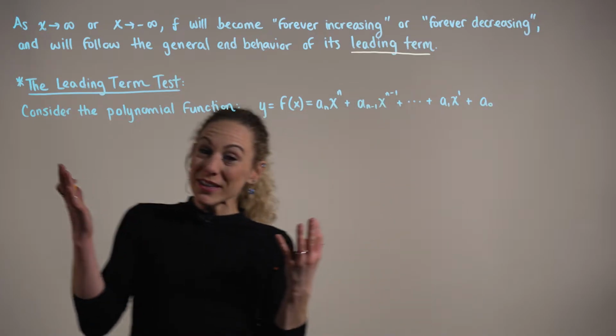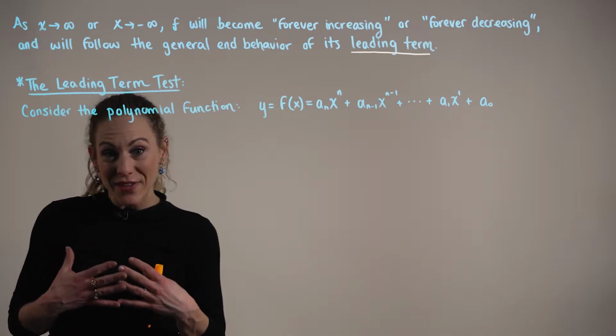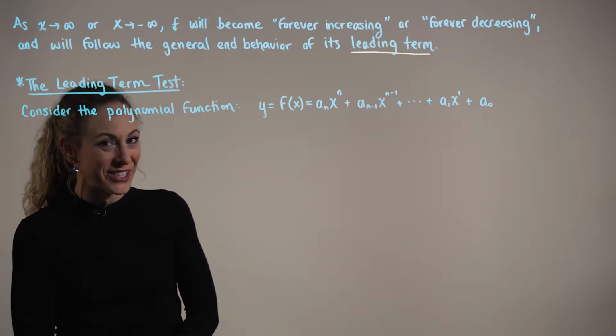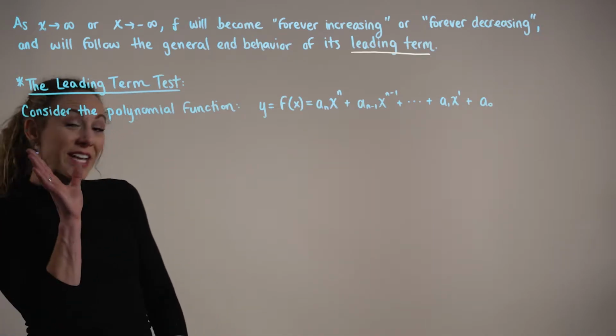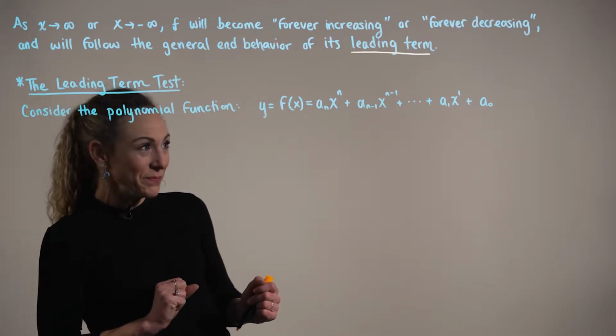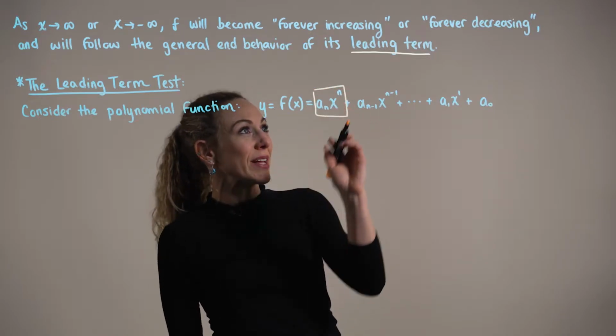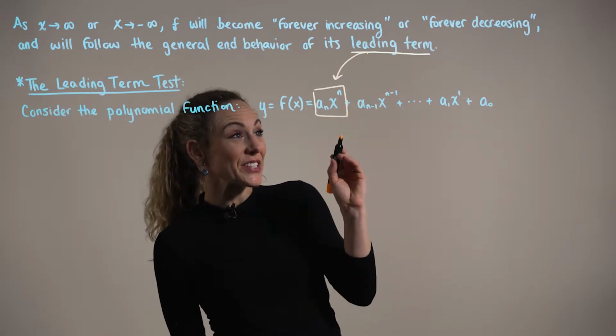So this is what leads us to the leading term test, which is going to allow us to classify the end behavior of a polynomial function. So to get us started, let's consider some arbitrary polynomial function. And I want to point out the very first term in the sequence. This is our leading term.